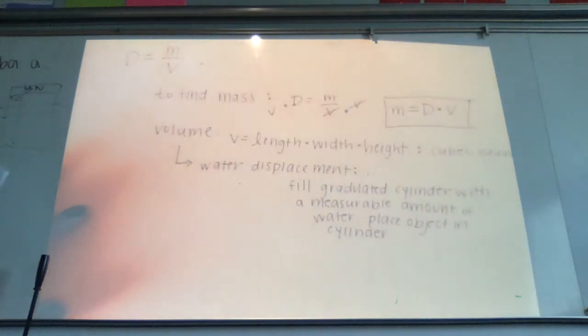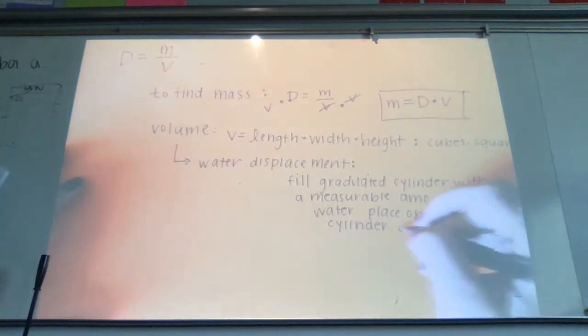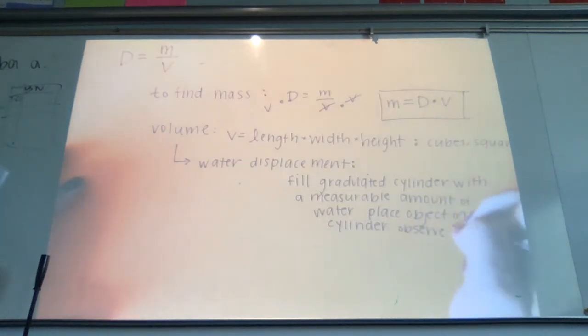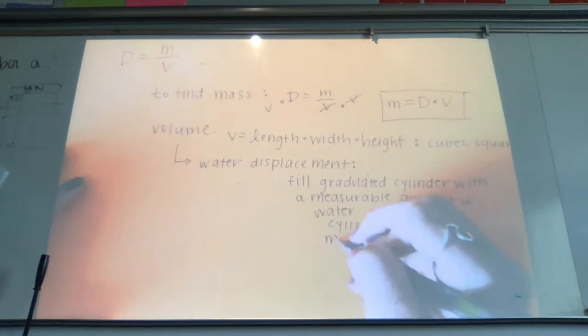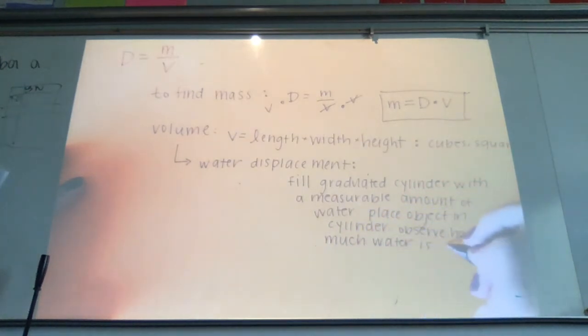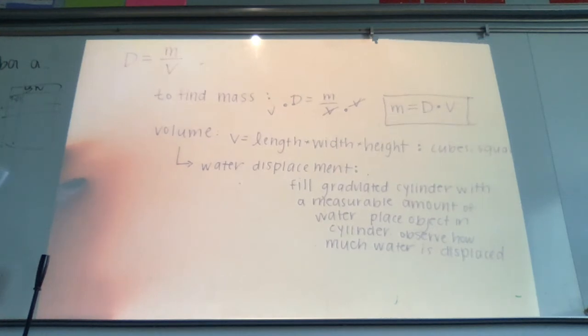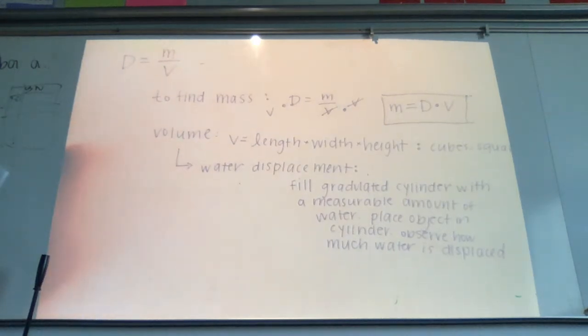After the object is placed in the cylinder, of course the level of the water is going to increase because you added volume to it. So you're going to observe how much water is displaced. And what displaced means is how much did the volume of the water increase. And then you're going to subtract the first level of water from the second. Please watch the supplemental video to show how water displacement works in practice.